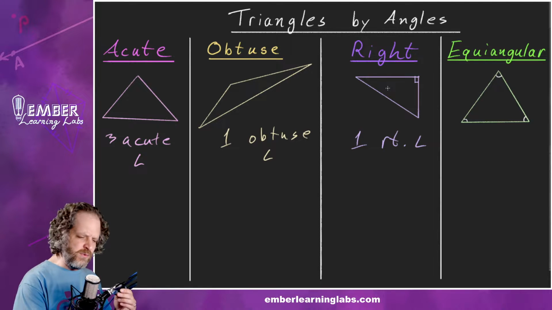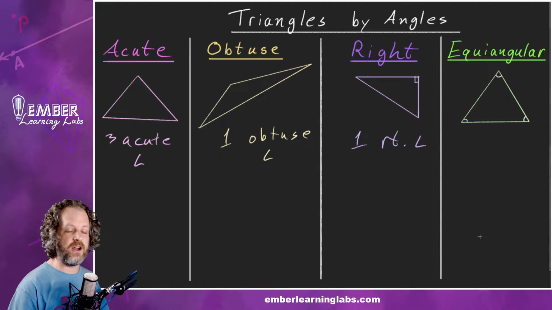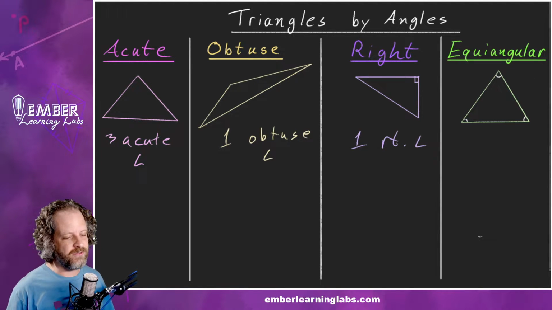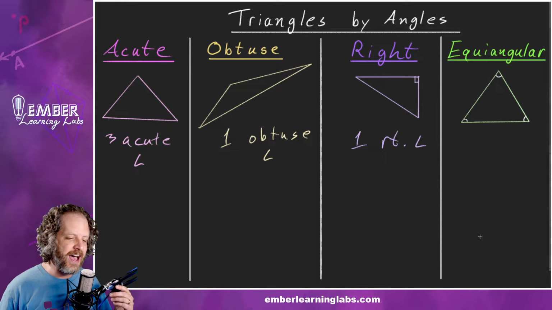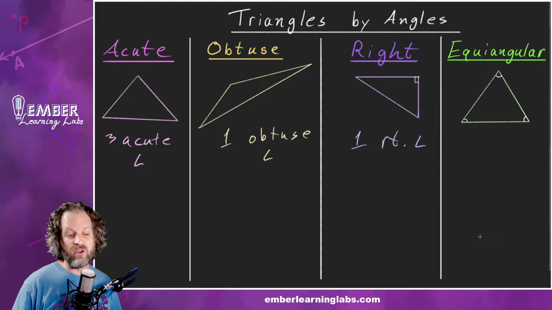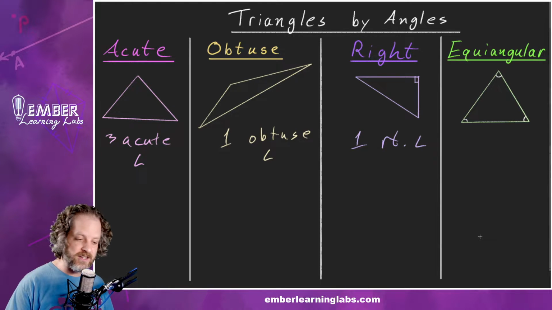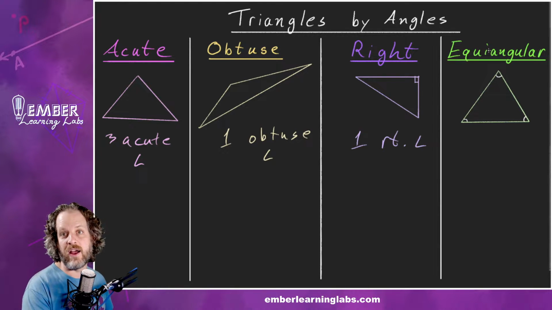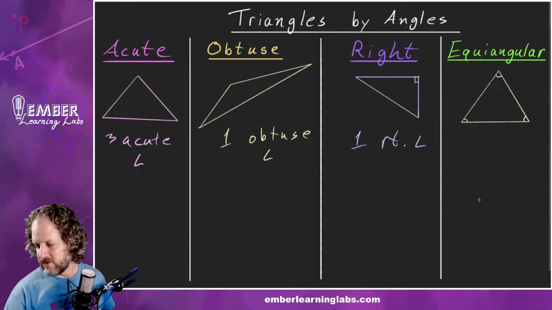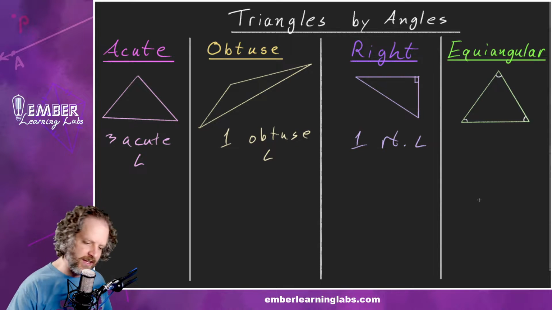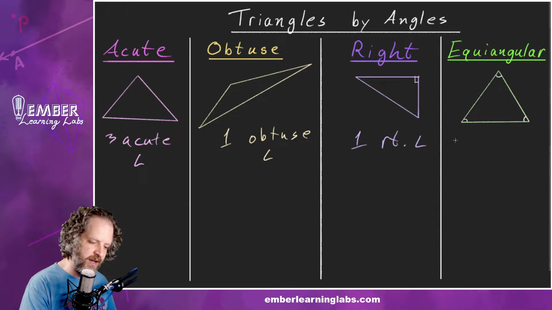Then the last one. Now this one you may not have heard of. You've almost certainly heard of equilateral triangle. We'll talk about that on the next slide, I guess we'll call it. But equilateral is about the sides. So an equiangular triangle has all 3 angles the same. So it has 3 congruent angles.